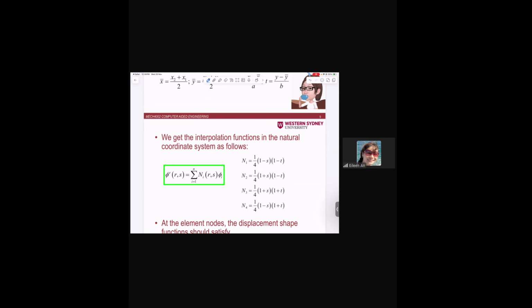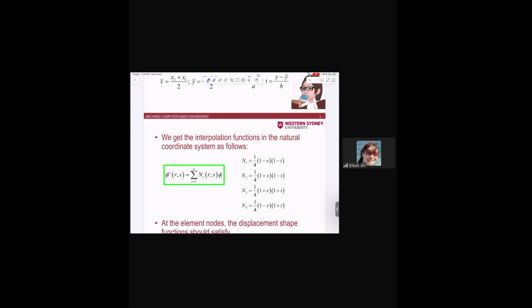Secondly, the shape functions in its local coordinate systems are the simplest, right? And this is also the reason why we want to use rectangular elements other than triangle elements. For the rectangular element, if we solve the problem using its local coordinate system, we can simplify the calculations a lot.